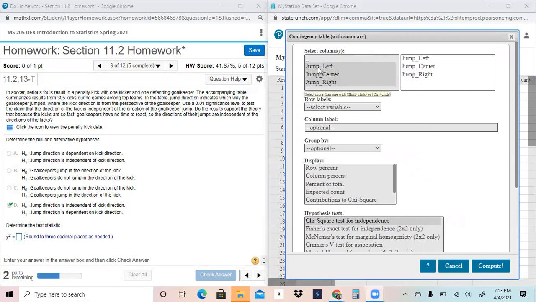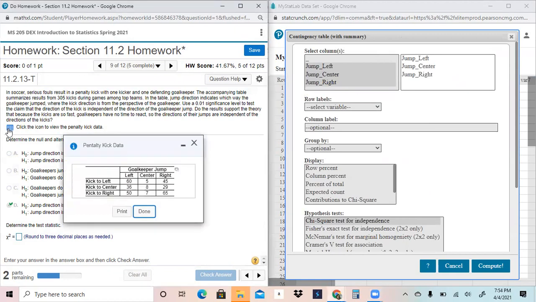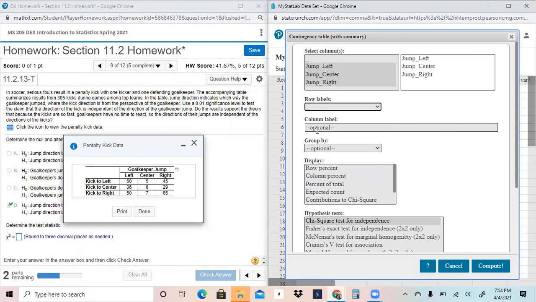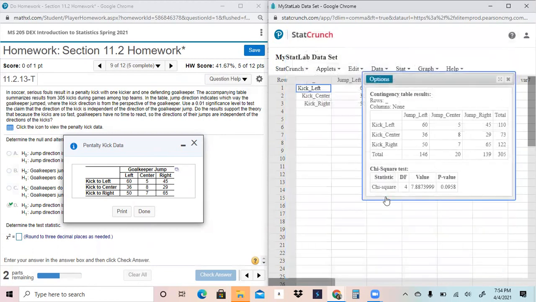Our column headings are left, center, and right. There is no row label that is on the same level with left, center, and right, so I'm going to click that as the blank. Compute.